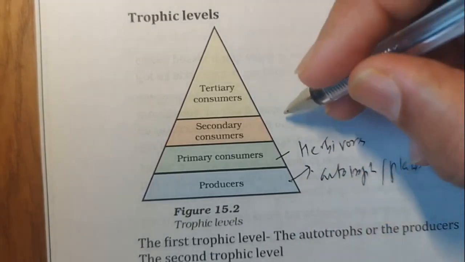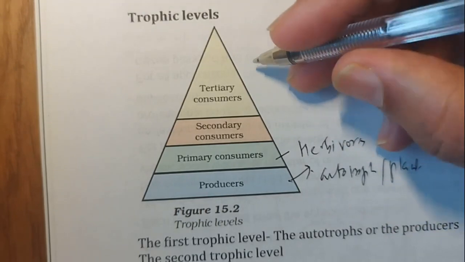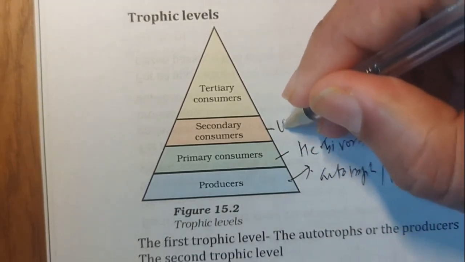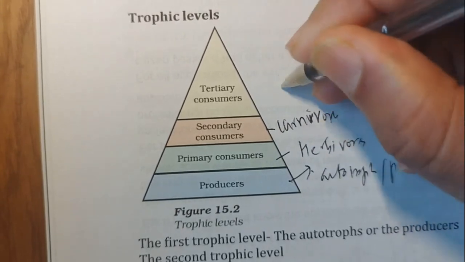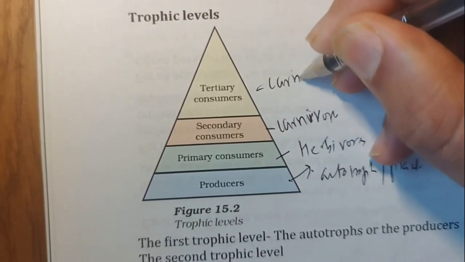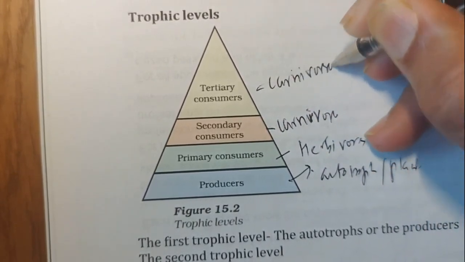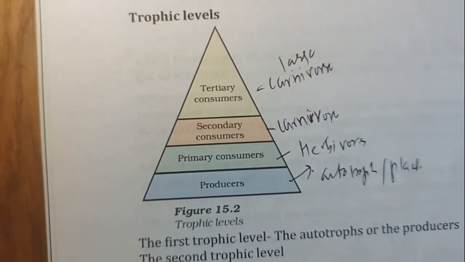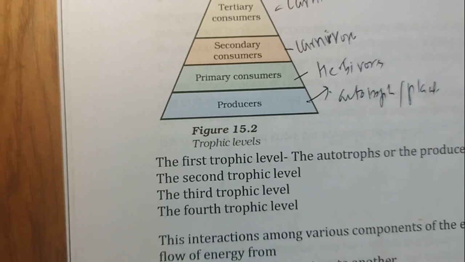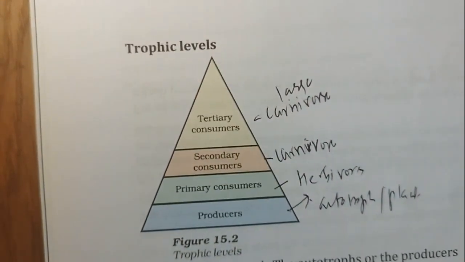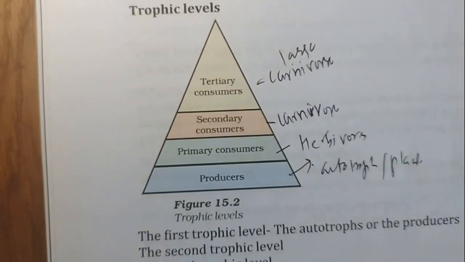And the secondary and tertiary consumers are the small carnivores and large carnivores. So these are the trophic levels: first, second, third, and fourth trophic level with different organisms.